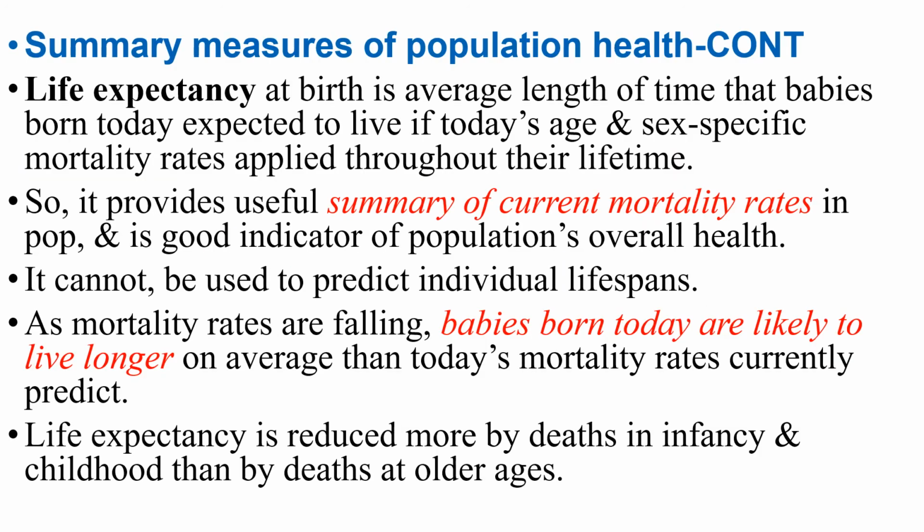Life expectancy at birth is the average length of time that babies born today are expected to live if today's age and sex-specific mortality rates are applied throughout their lifetime. So it provides a useful summary of current mortality rates. Babies born today are likely to live longer.